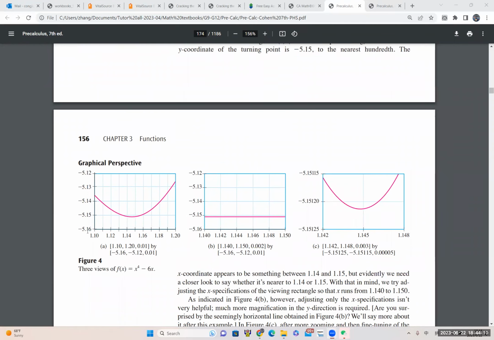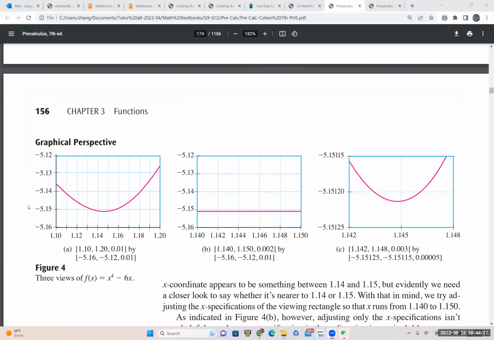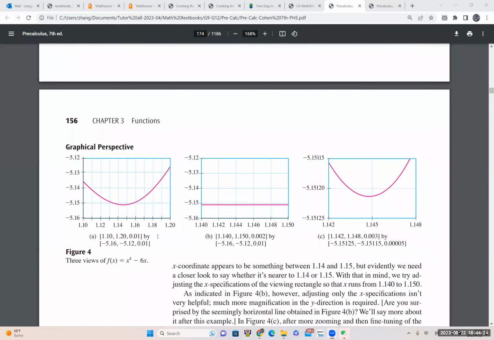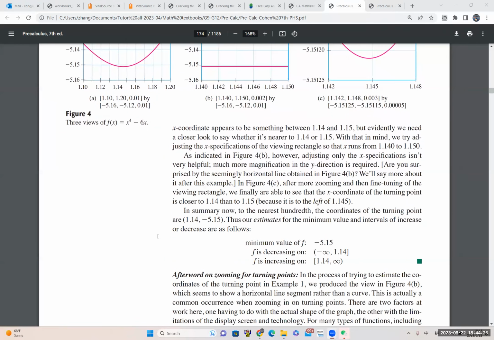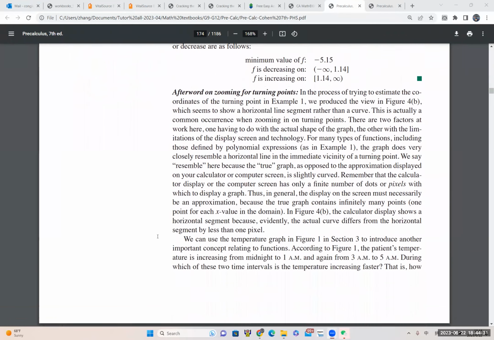Graph. Afterward, I'm tuning for a turning point.